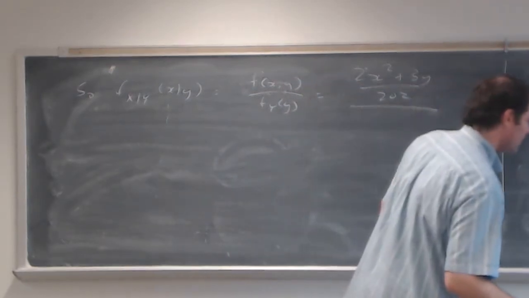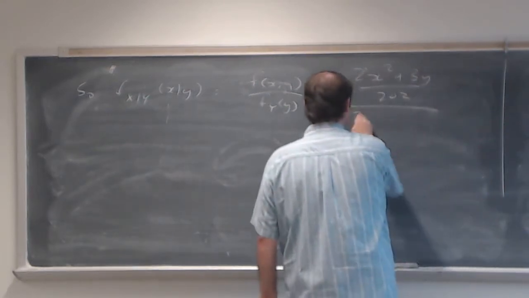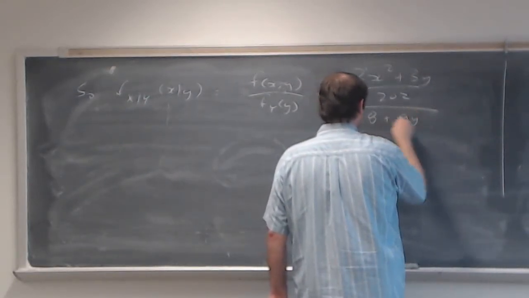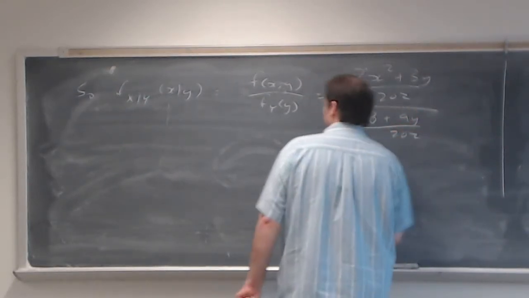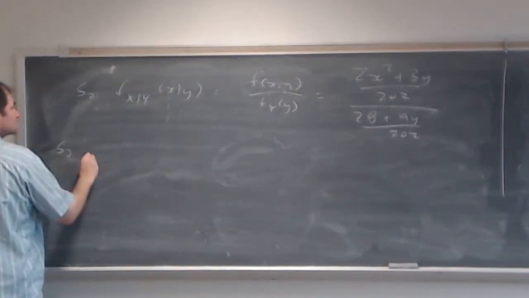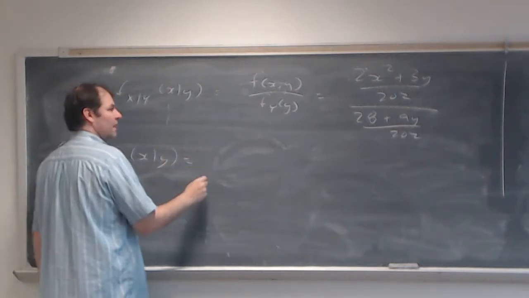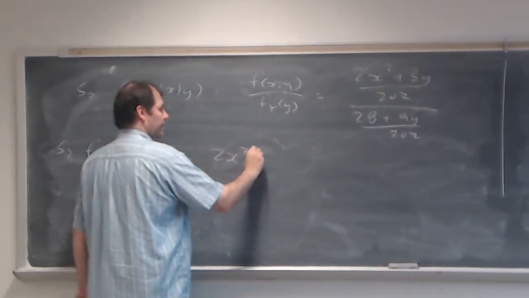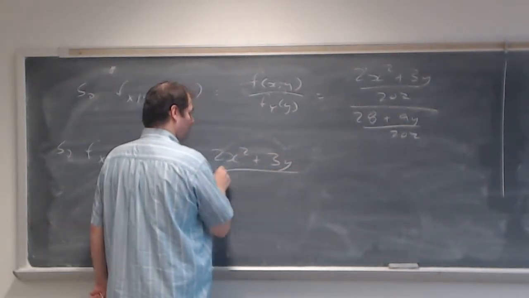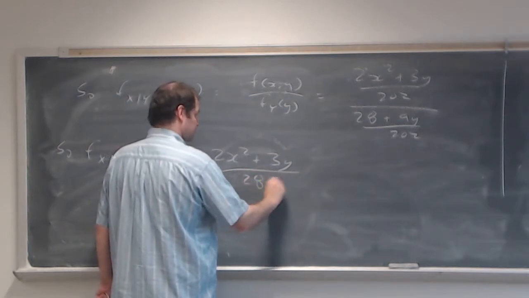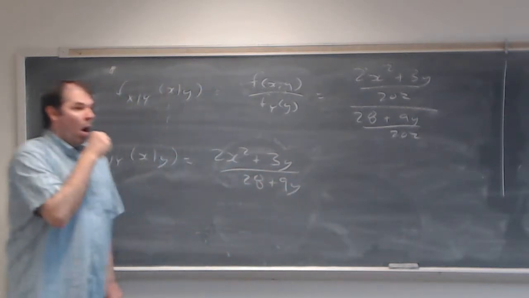We found f sub Y to be 28 plus 9y over 28. And so f sub X given Y is equal to 2x squared plus 3y over 28 plus 9y.